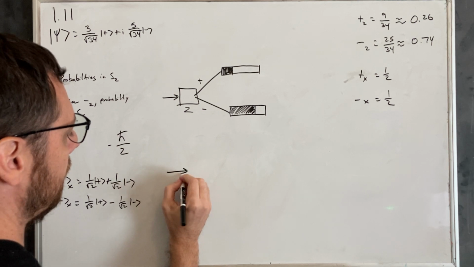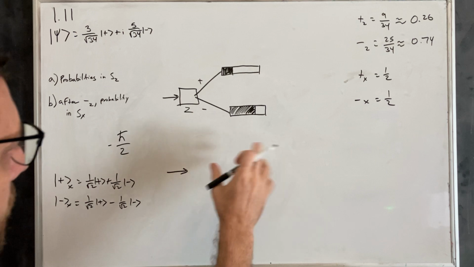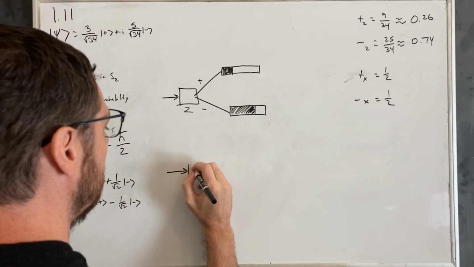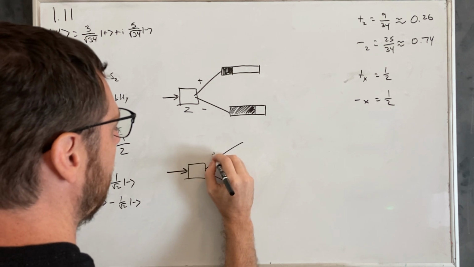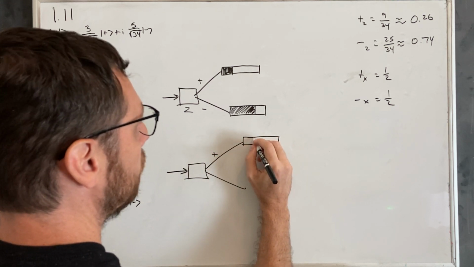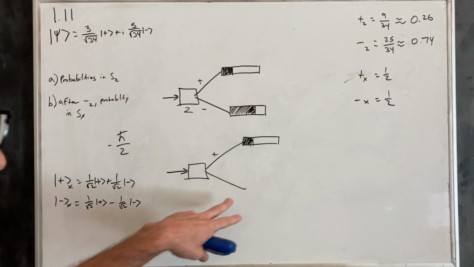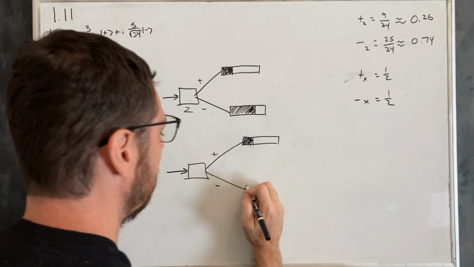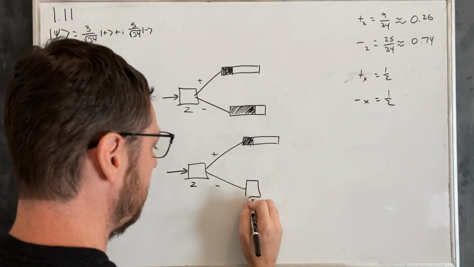All right, so that was the first case, only with just the Z detector. So then our second case here, when it comes out of the down direction, we pass it through the X detector. So it starts off the same here. We have up and down, and we still have our 26% in the up direction, but in the down direction, we pass it through an X detector. This is our Z detector, this is our X detector.